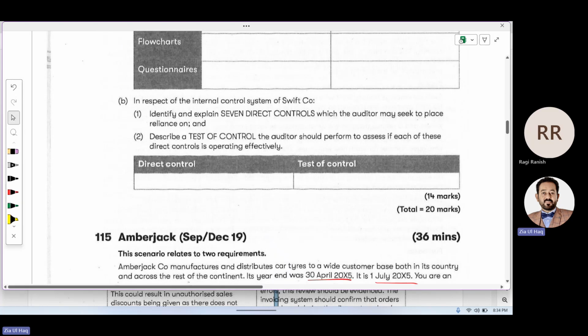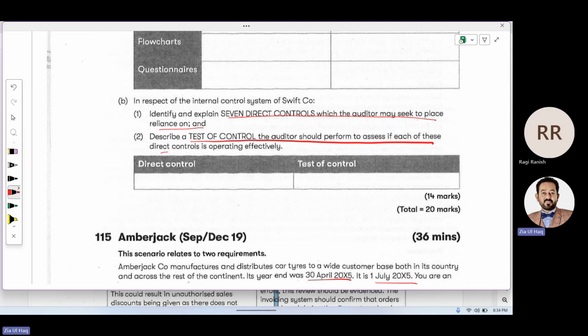And requirement B for 14 marks. In respect of the internal control system of Swift Company, identify and explain 7 direct controls which the auditor may seek to place reliance on, and describe a test of control the auditor should perform to assess if each of these direct controls is operating effectively. Controls and test of control.